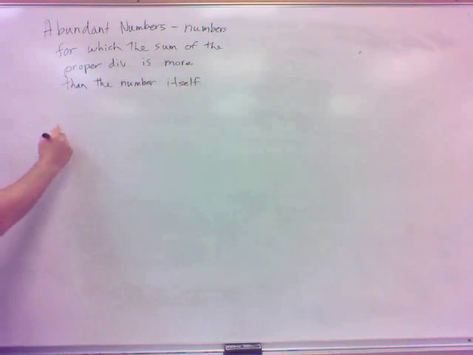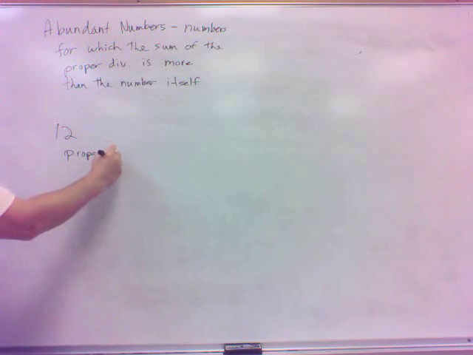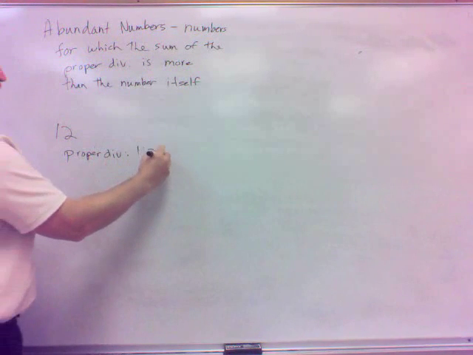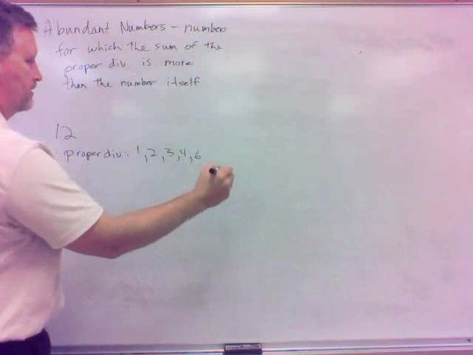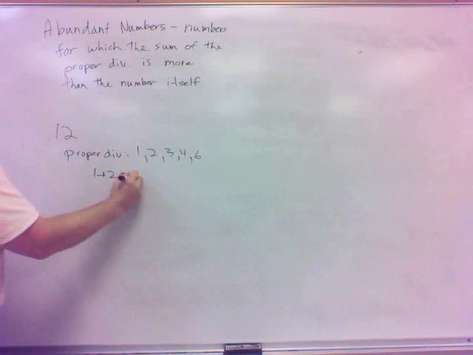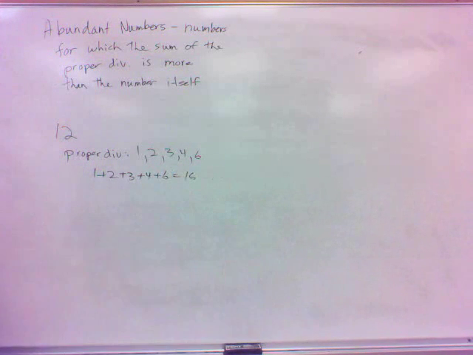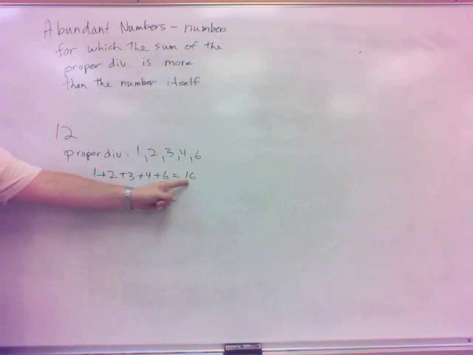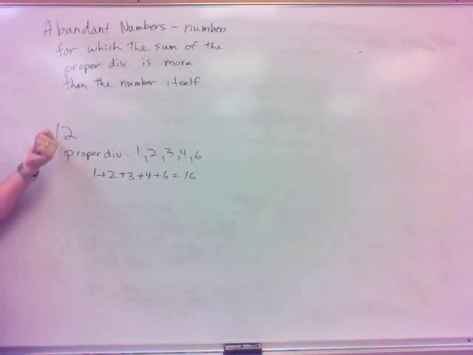We talked about 12. Well, the proper divisors of 12 were 1, 2, 3, 4, and 6. And if you add 1, 2, 3, 4, and 6, we got 16. Comparison-wise, the proper divisors add up to be more than the number itself, right?